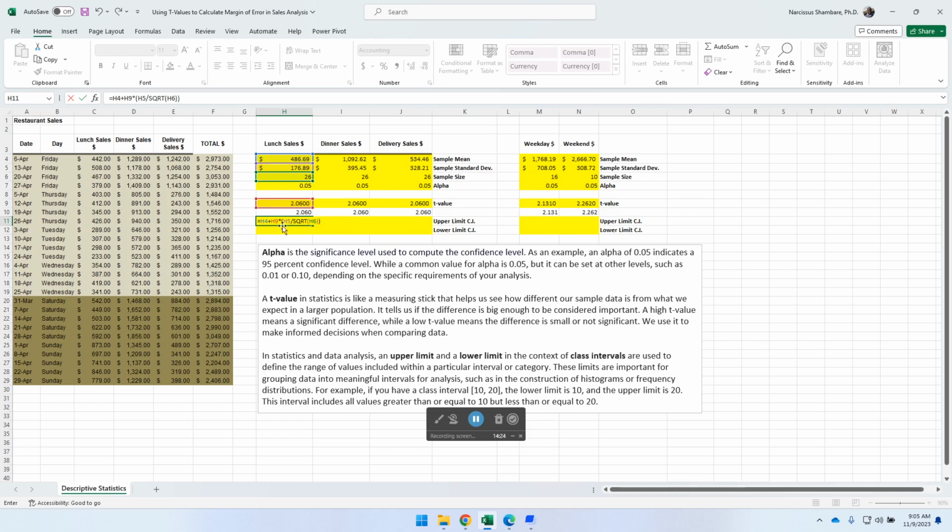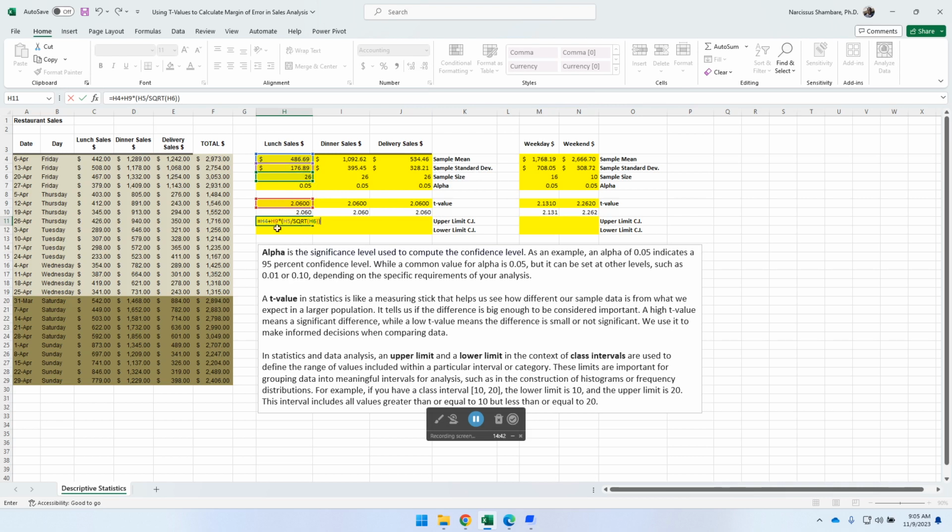Because basically what you're seeing here in parentheses, we are simply saying we are taking the standard deviation and we are adjusting it with the size of the sample, so that we can determine what the standard error is.